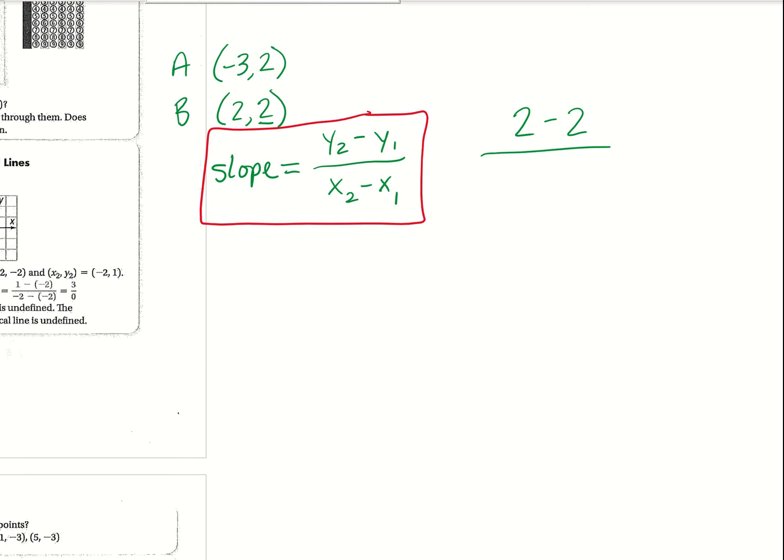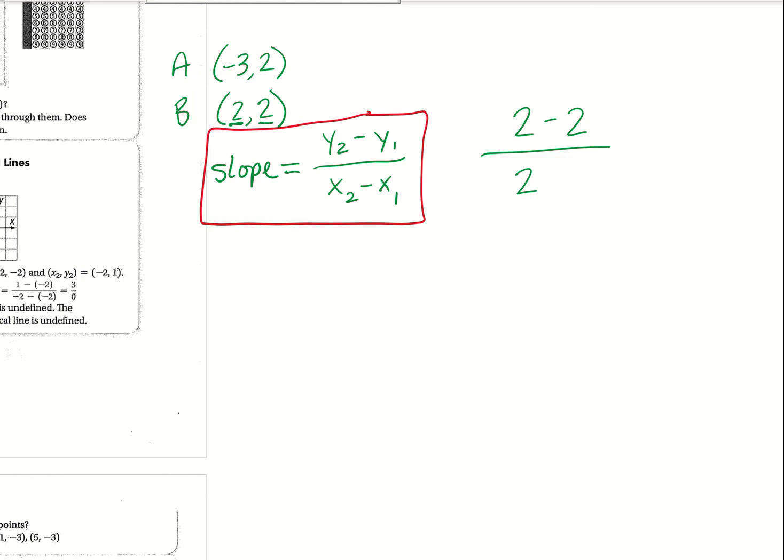We have 2 minus 2 over x2. Did I use A? Funnily enough, I forgot which one I used for x2. I'm going to assume I used B just because it's the second one, so I'm going to use B again and put that for x2 there.